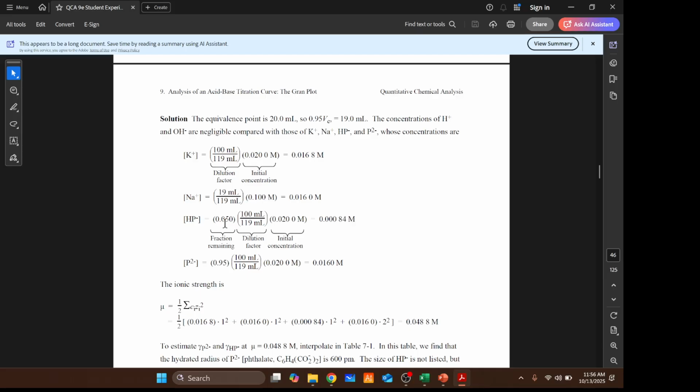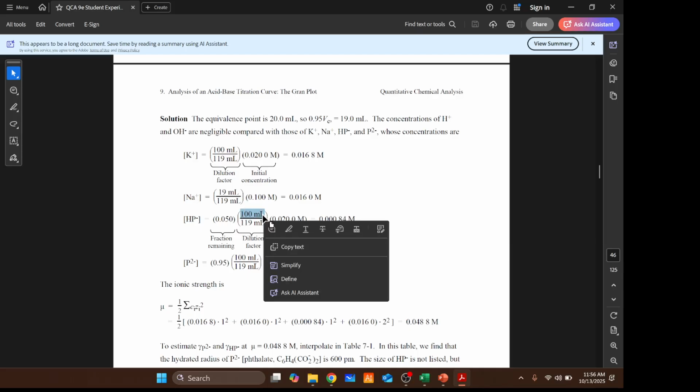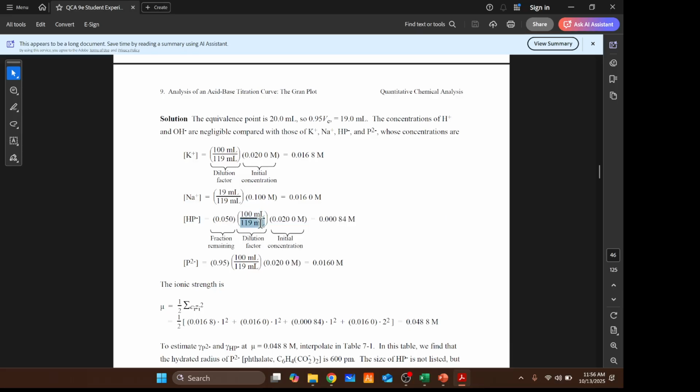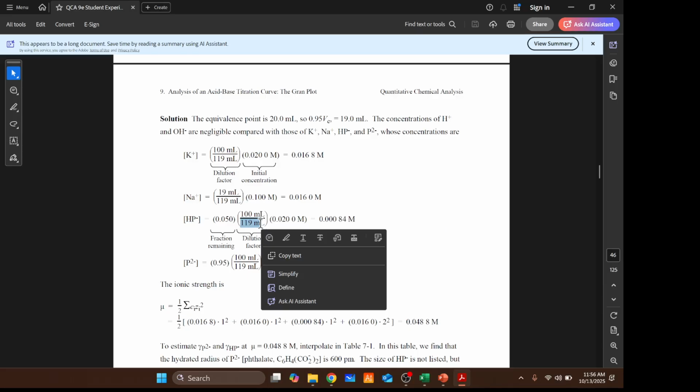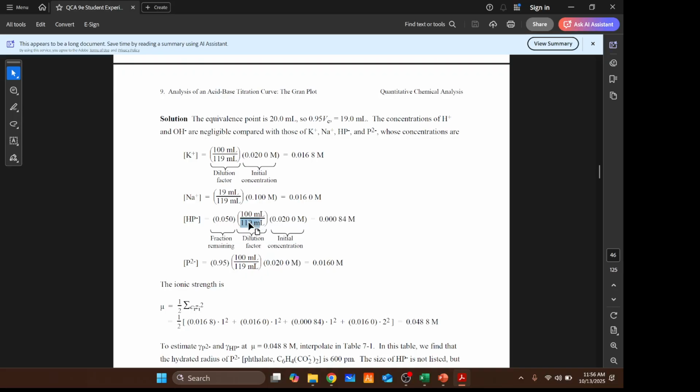And this one's going to be the remainder from 0.95, which is 0.05, right? And that's the 100 milliliters that you put in. And that will be 100 plus 48, whatever that number was.